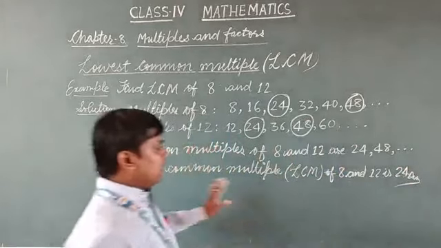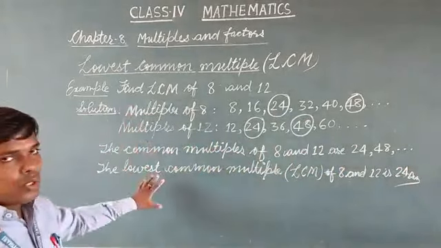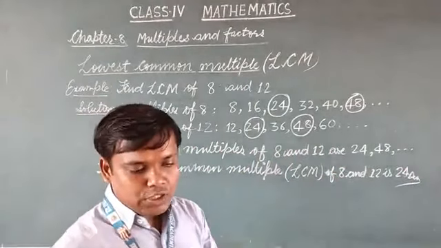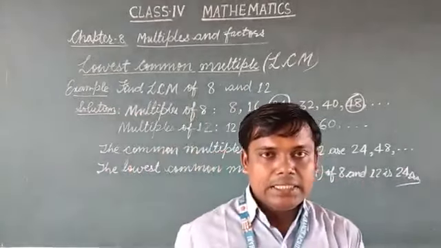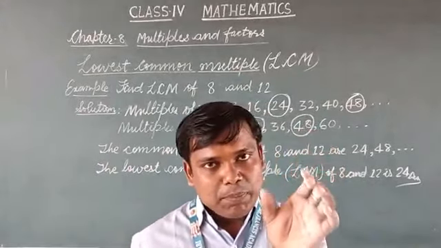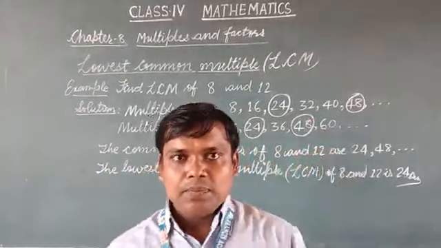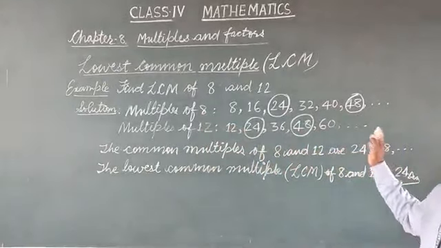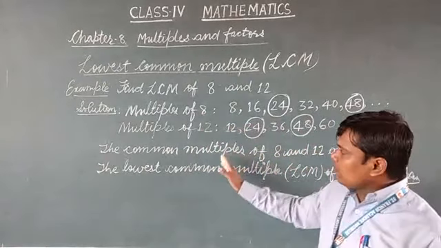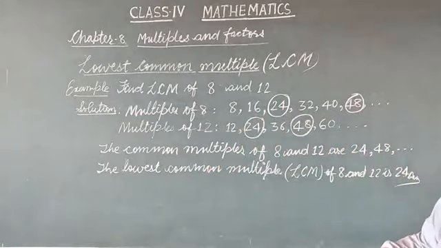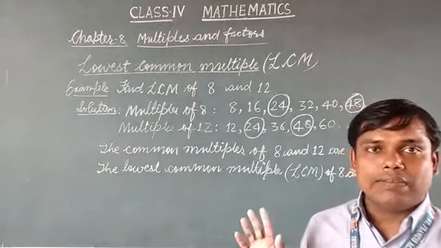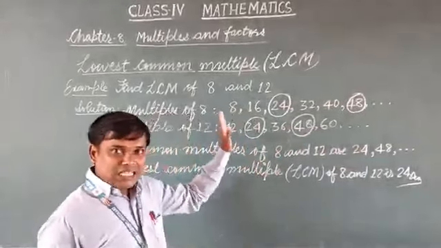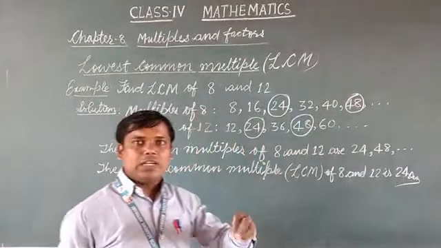This is the required answer. That means how to write LCM of given numbers, you understood. First of all, we write the multiples of the given numbers. We write the common multiples from the multiples, and among the common multiples the lowest one is the LCM of the given numbers. I hope you understood how to write HCF and LCM of given numbers.